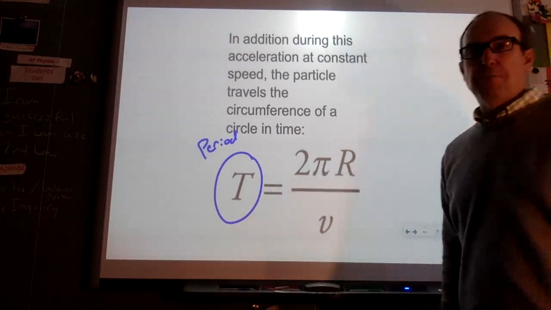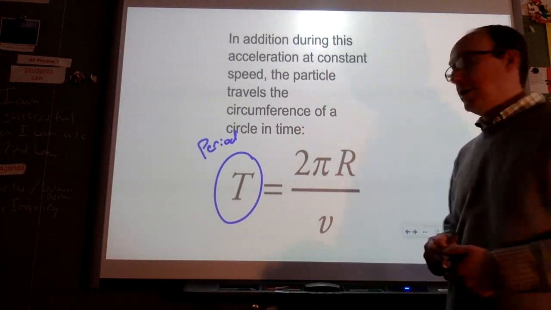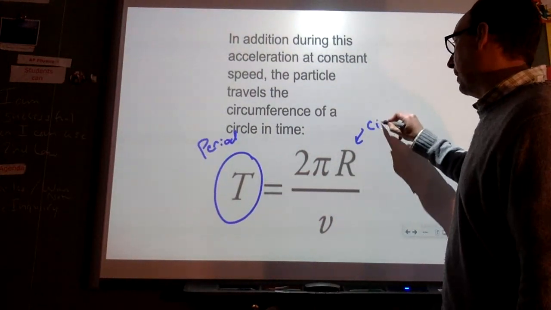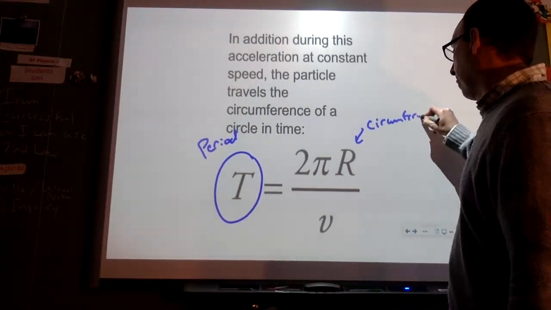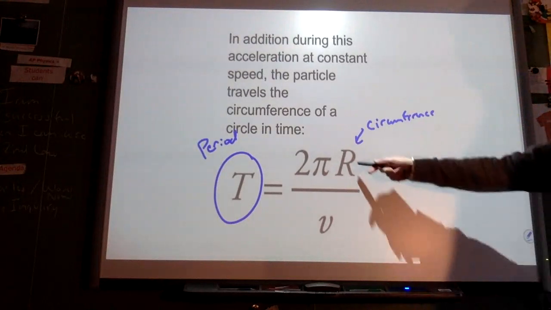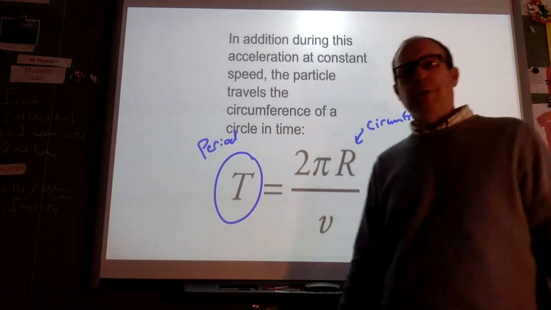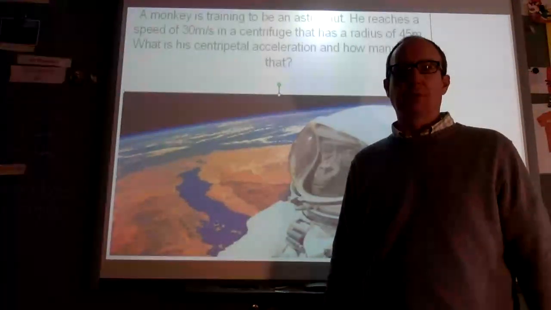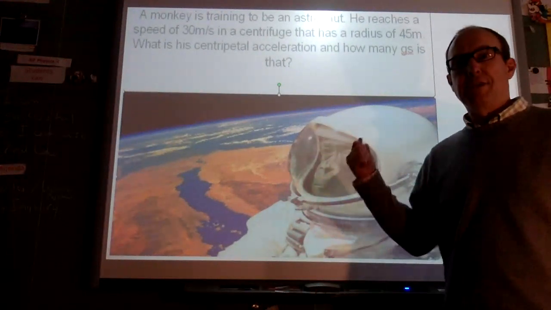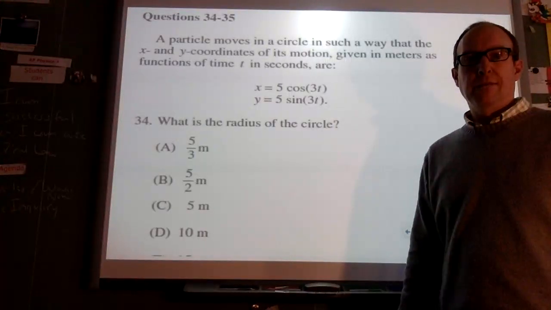In uniform circular motion, the period is equal to the circumference divided by the speed. This is a special distance because it's one distance around. We also talked about period in terms of orbits, with elliptical orbits. We have this in our notes, so I'm not going to go over any of those.